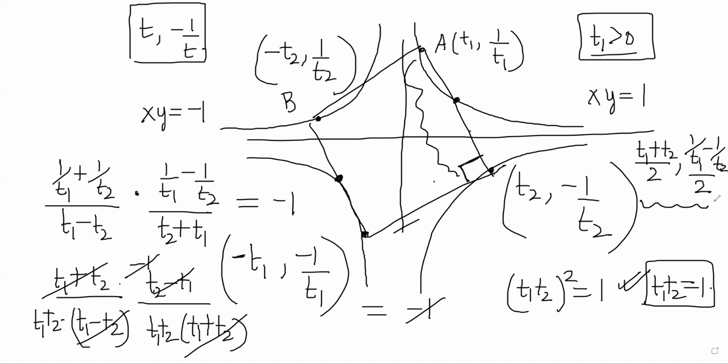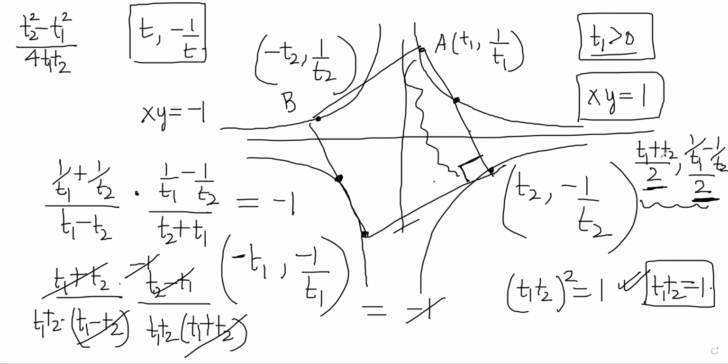And this lies also on the same curve, xy is equal to 1, right? So we can do the product of this x coordinate and y coordinate and say that it satisfies this equation. So from there, we will get (t2 square minus t1 square) by 4 t1 t2.